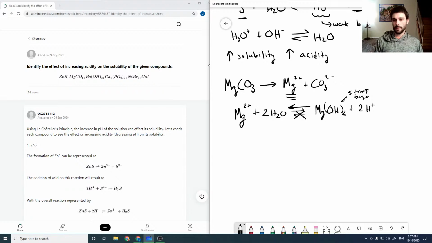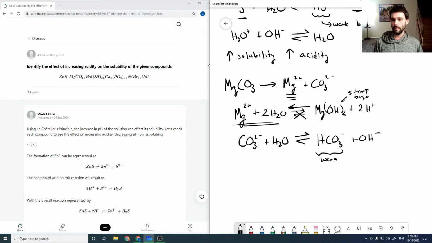Since that one direction is back, that means we aren't going anywhere near that, so it's just going to stay in solution like this. While CO3 2 minus, if we combine it with water, we will get HCO3 minus plus OH minus. This is a weak base, and so this will go. So we're going to get a basic solution, and so we're going to get increased solubility with increased acidity. For a basic salt, increasing the acidity will increase the solubility.